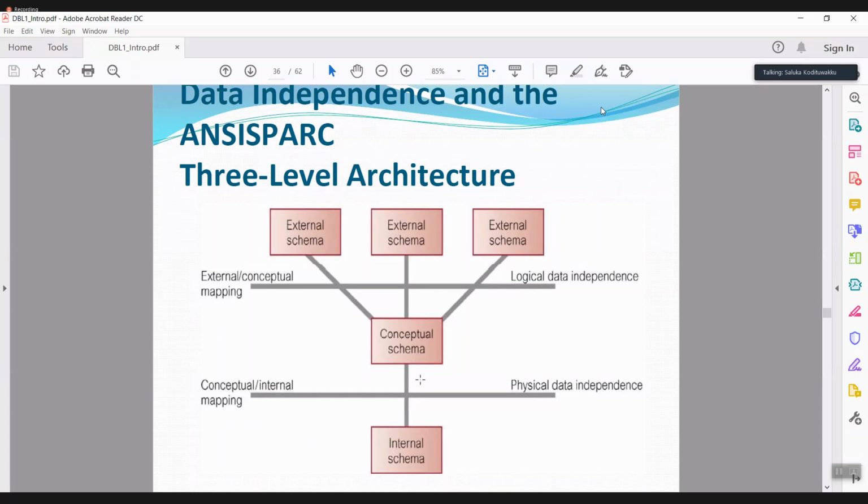Why we use these two is that, as I mentioned at the beginning, the main objective of designing the DBMS with a three-level architecture is to achieve data independence. What does data independence mean? Modifications to the database's conceptual schema and external schema do not affect the internal schema.